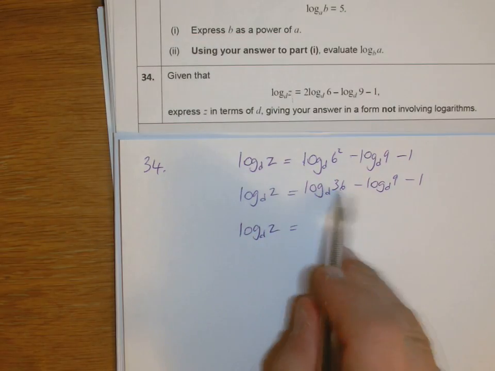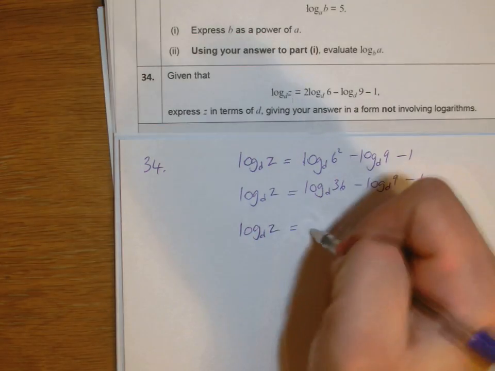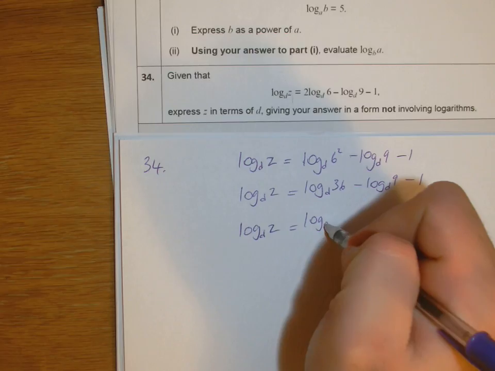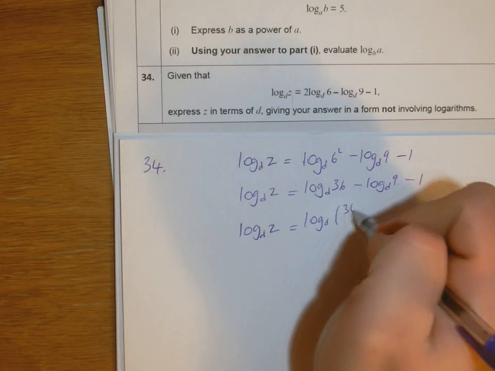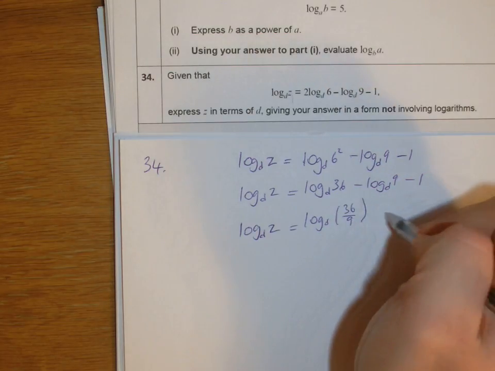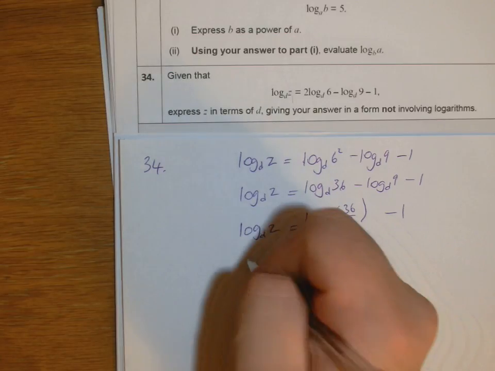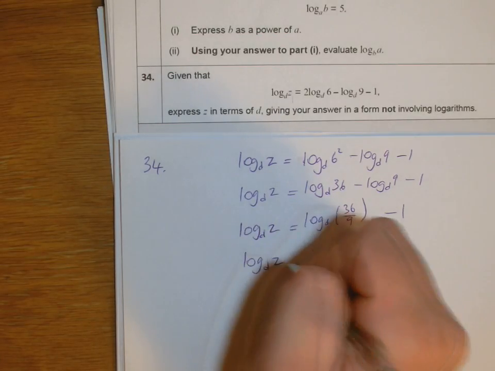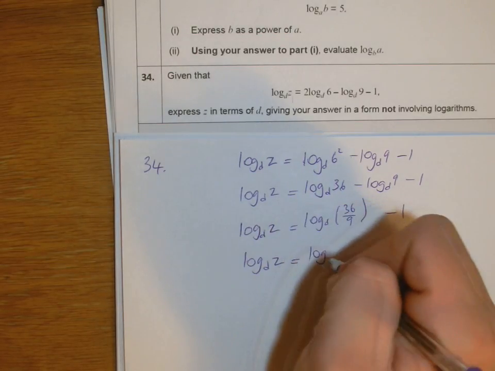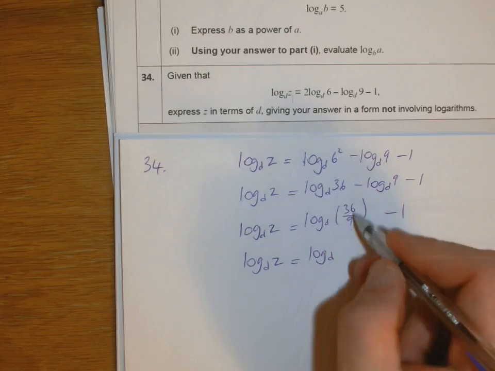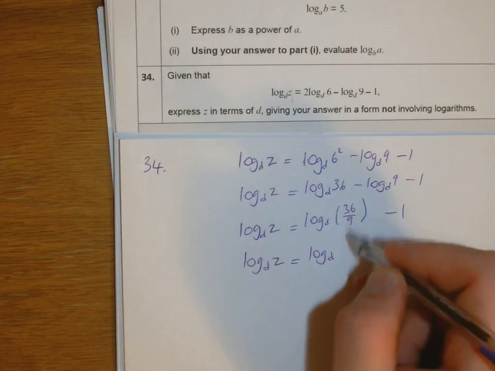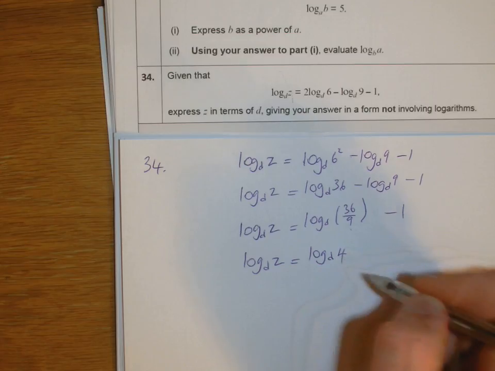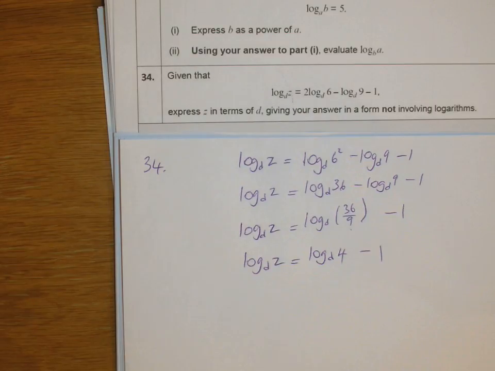Because we've taken away, we end up dividing, so log to the base d of 36 over 9, take away 1. So then that becomes log of d, and 36 over 9 is just 4, isn't it? Okay, take away 1.